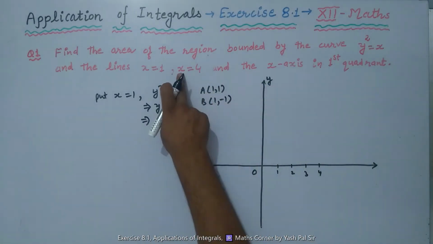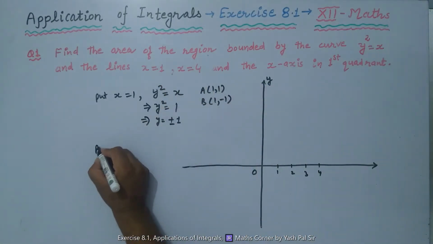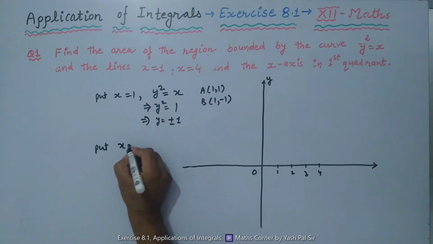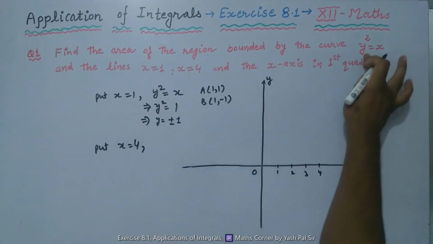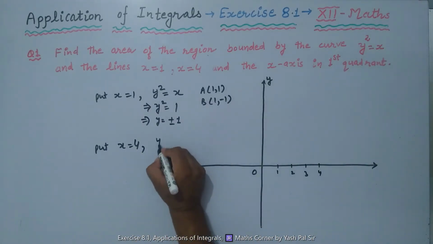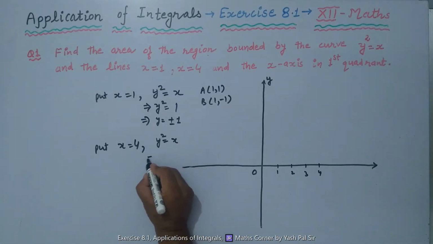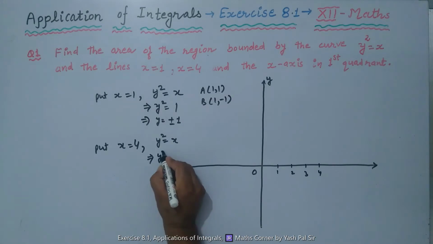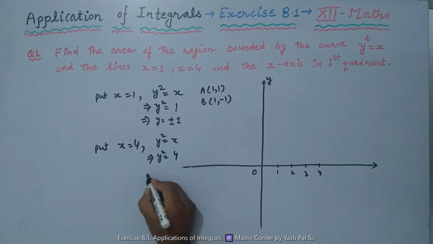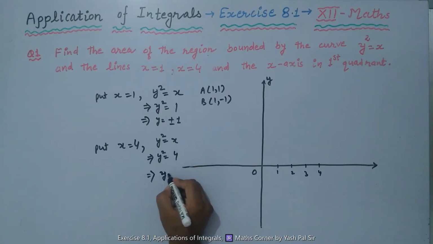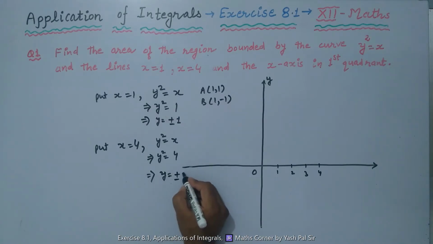Second time we put x is equal to 4. In the given equation y square is equal to x, this way we shall have y square is equal to 4, which gives y is equal to plus minus 2.